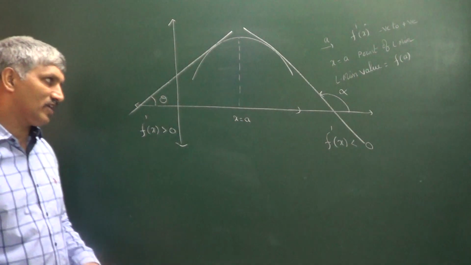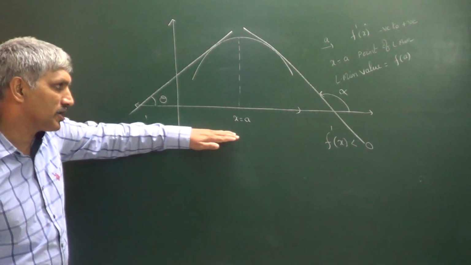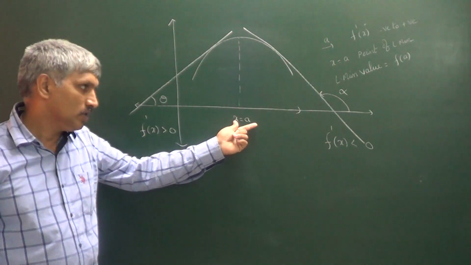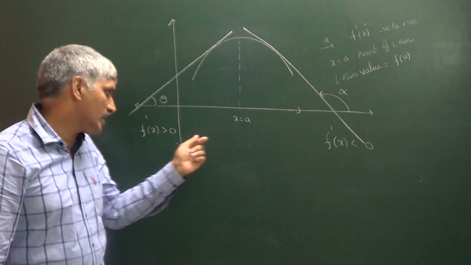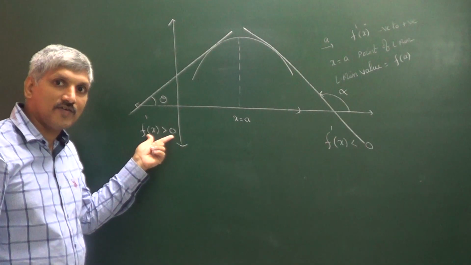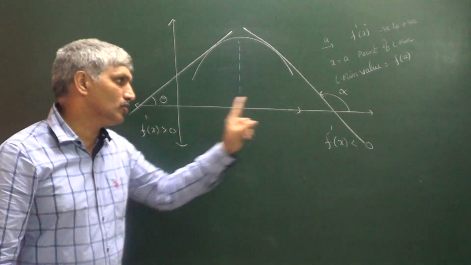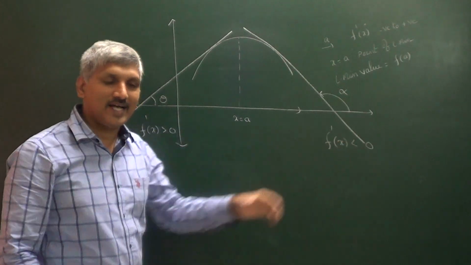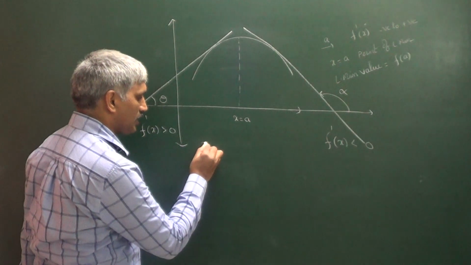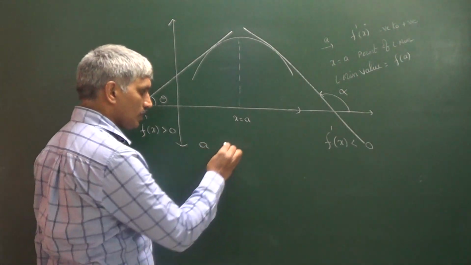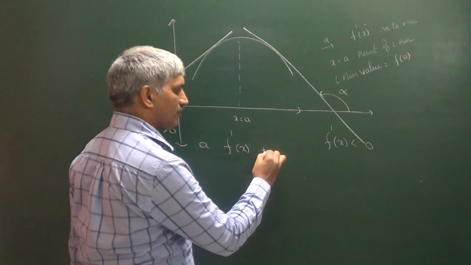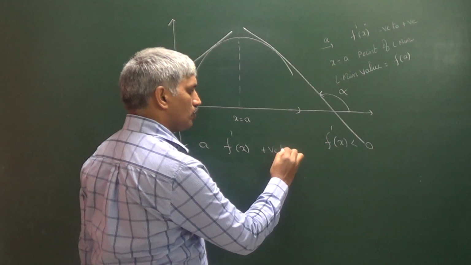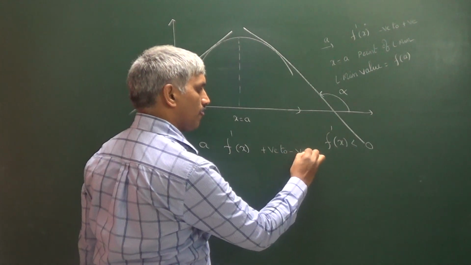Now what are we observing? As x values are increasing through a, f dash of x changes its sign from positive to negative.